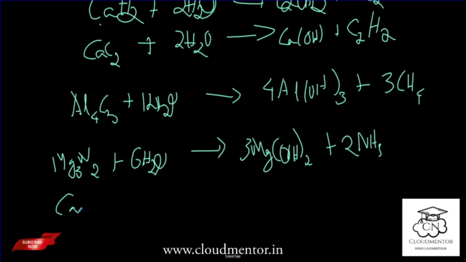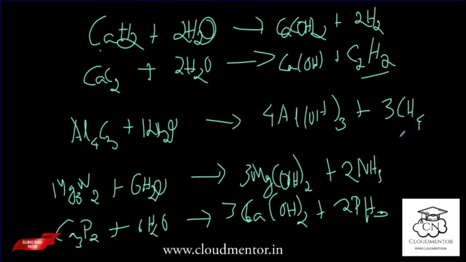I have told that the evolution of hydrogen, acetylene, methane, ammonia, and phosphine are with respect to the hydrides, carbides, nitrides, and phosphides.